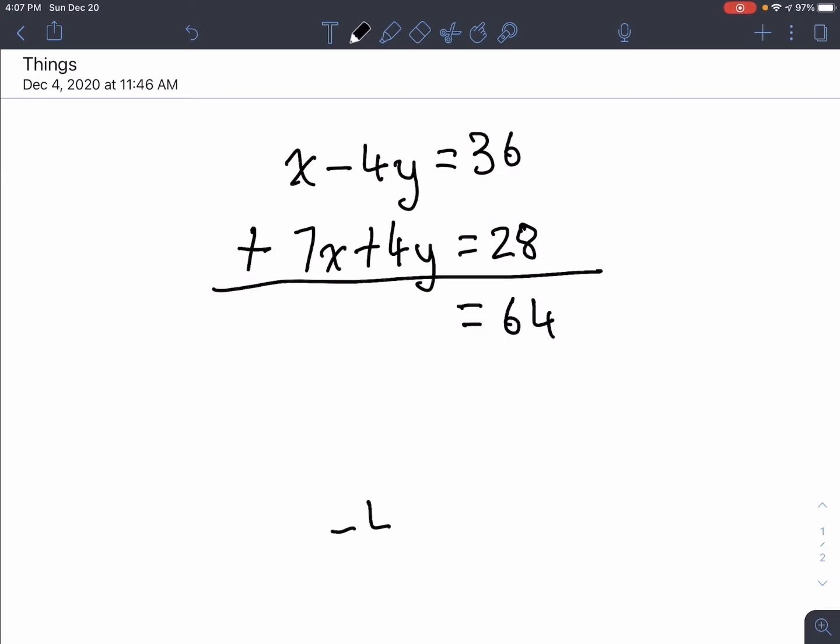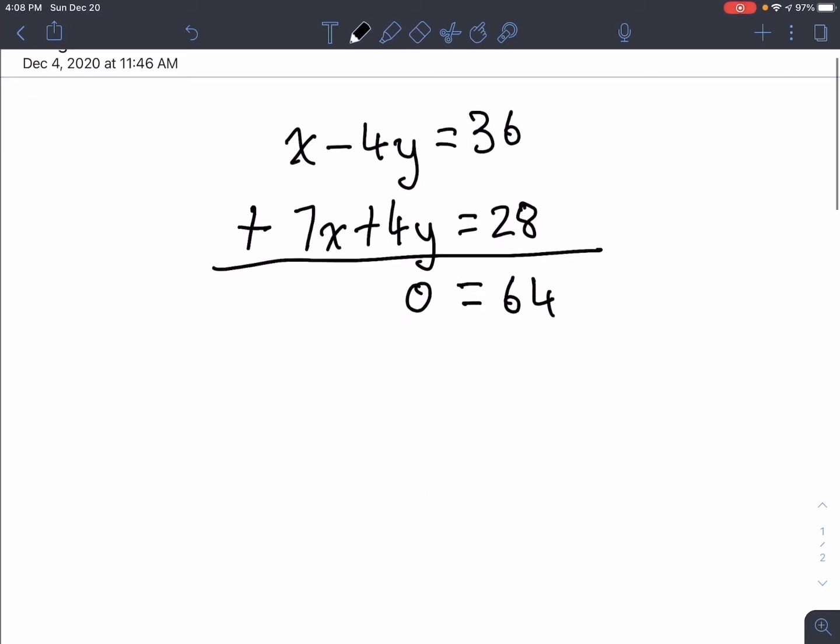Now, negative 4y plus 4y equals 0 because they're like terms, so you add the coefficients, and negative 4 plus 4 is 0. So you would get 0 here. At the very end, you would do x plus 7x. When you add like terms, 7x plus x, you get 8x.